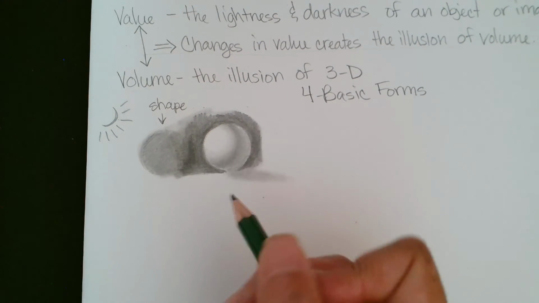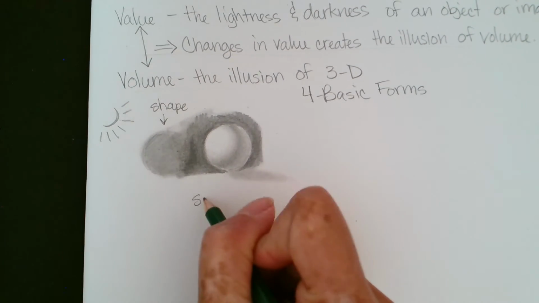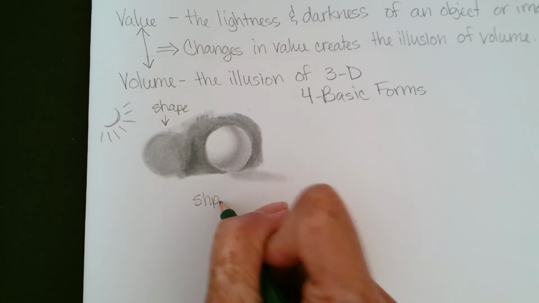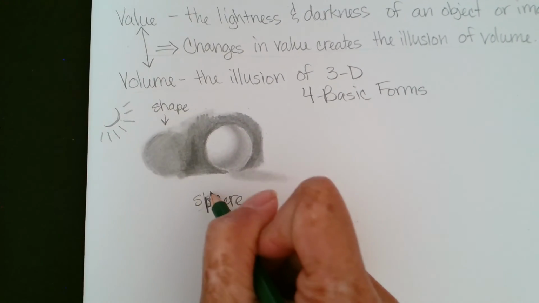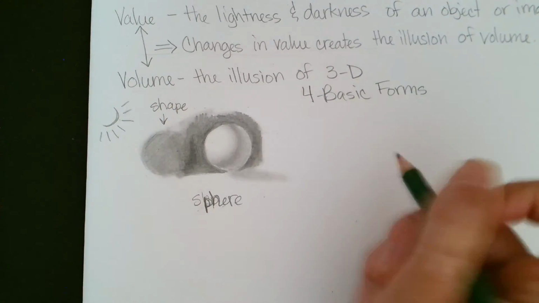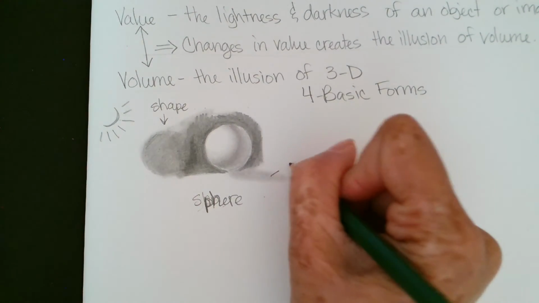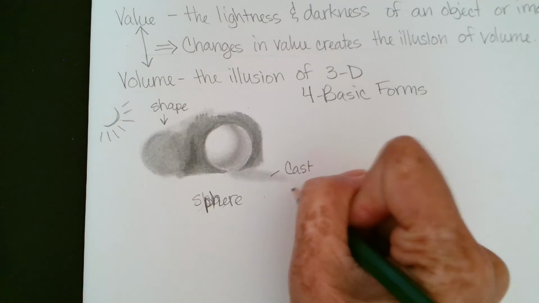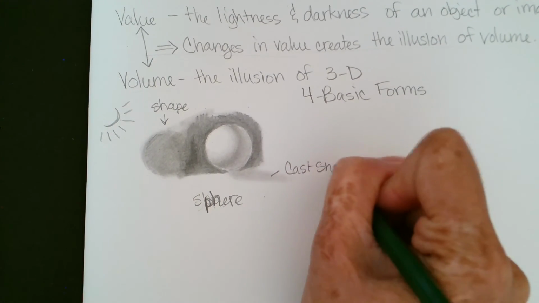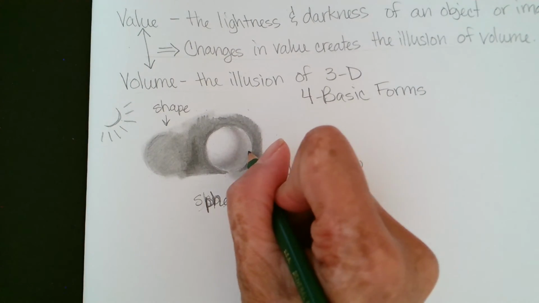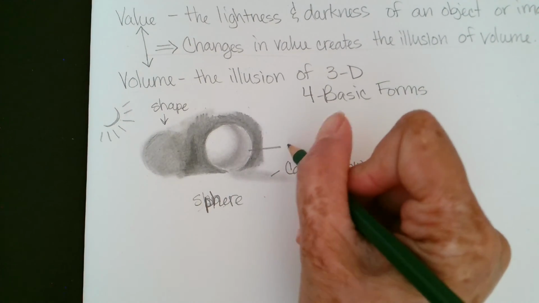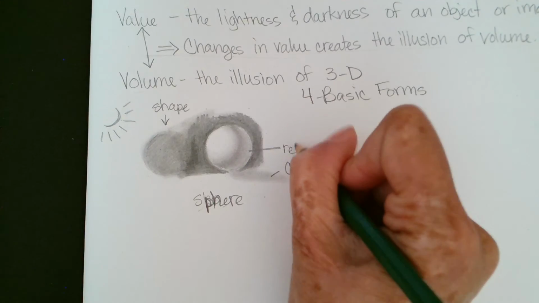So there's my sphere, and I'm going to label it sphere, S-P-H-E-R-E. And I'm going to label this cast shadow. I'm going to label this light area reflected light.